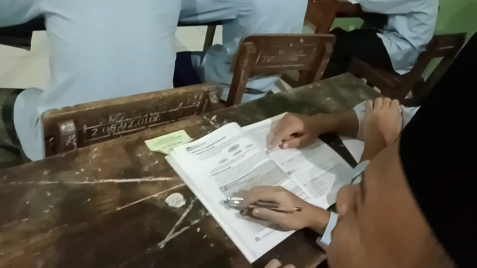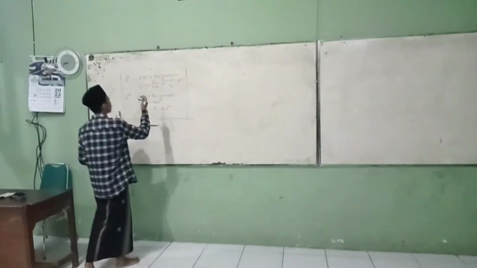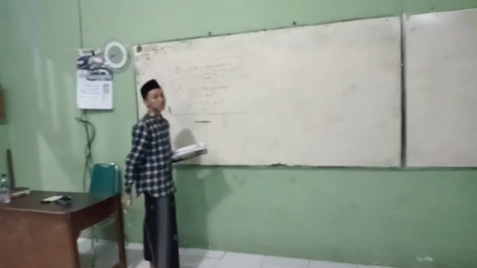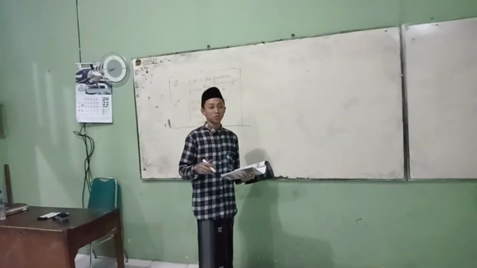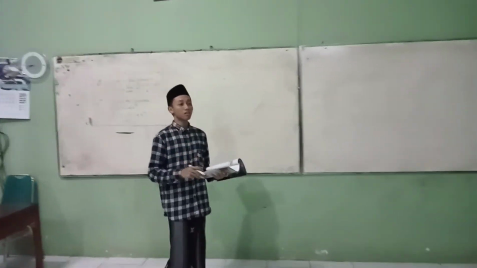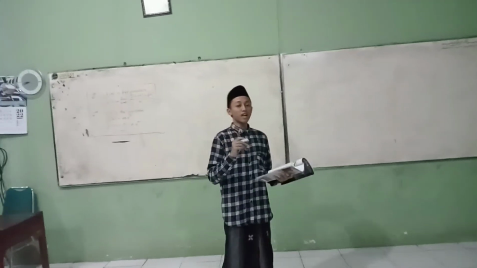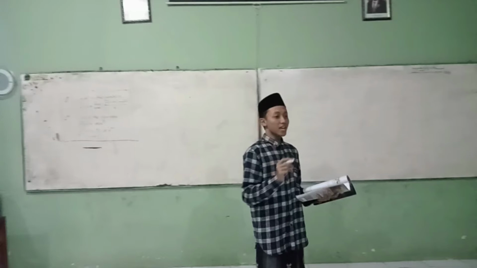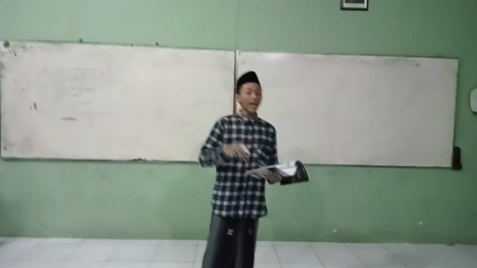Now, how to find the derivative function if the function is just one term, that means f of x. For example, f of x is equal to 3x plus 3, or f of x is equal to 3x squared plus 6x plus 1, or any other.